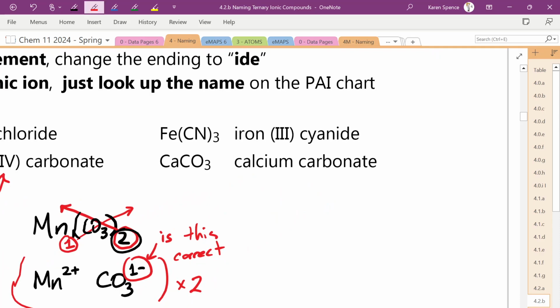Fe(CN)3, Fe, CN, CN, CN. We have 3 CNs. You'll notice, what do we put around our polyatomic ion? You have to have brackets around a polyatomic ion when you have more than one.